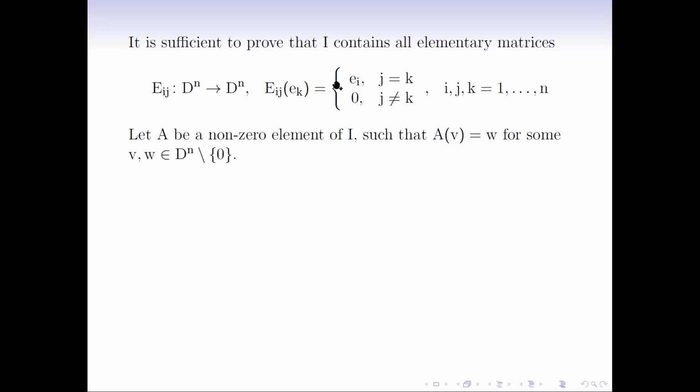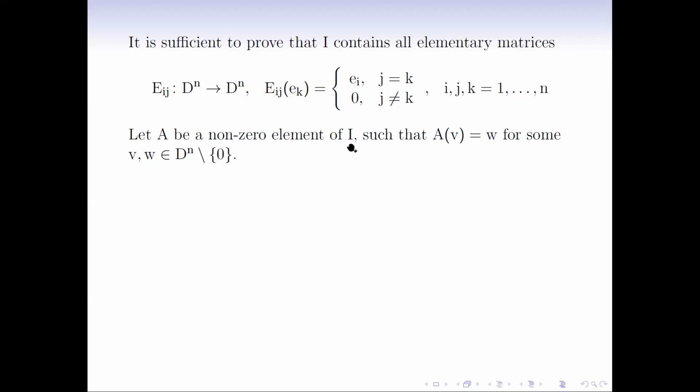Okay, so it's sufficient to prove that I will contain all elementary matrices E_ij such that E_ij E_kl equals E_il if j equals k and 0 otherwise. So they are matrices such that on the intersection of the i-th row and j-th column is 1, otherwise zeros.